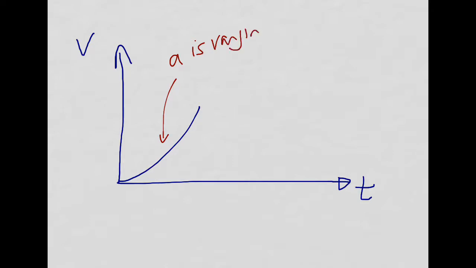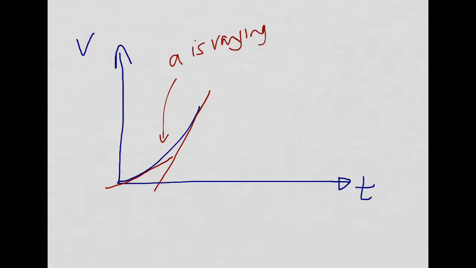So it's not constant for the whole of that acceleration. It's changing. And here you can see that the acceleration is slowly increasing because if you think about the gradient there, it is less steep than if I found the gradient there.